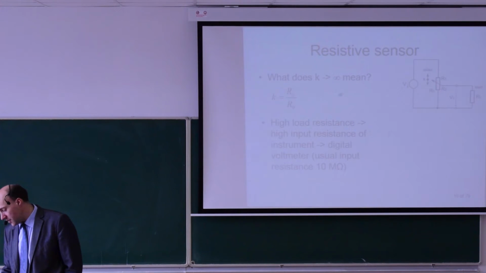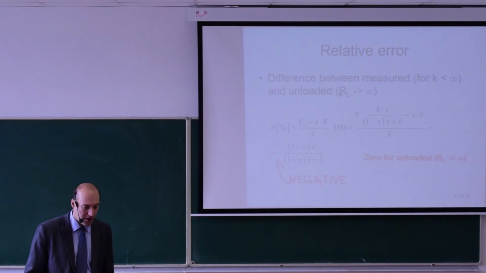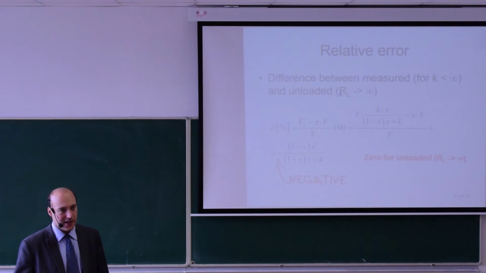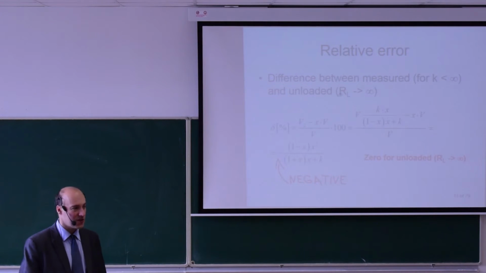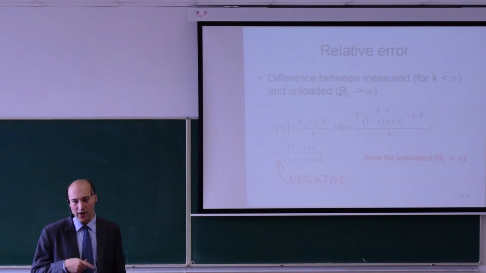Now let's analyze a little bit further the connection for the voltage divider. We will be looking for the absolute and relative error. We know that the absolute error is the difference between the measured and the correct value.